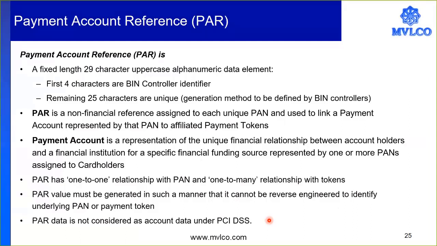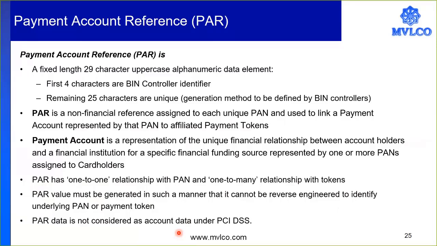From the PCI DSS standpoint, this PAR data is not considered account data. So wherever I am storing this PAR data, that would not be classified as account data. However, one key thing to note is that whenever I am storing this PAR data along with its mapping to the PAN, or whenever I am processing this mapping of PAR data and PAN, that would still be classified as account data and would fall under the PCI DSS scope.